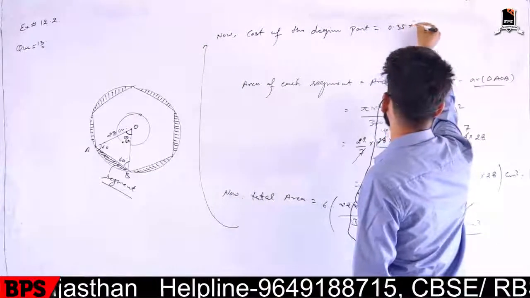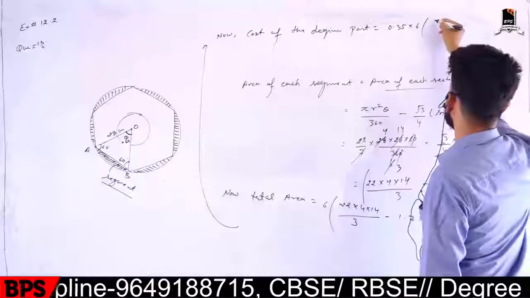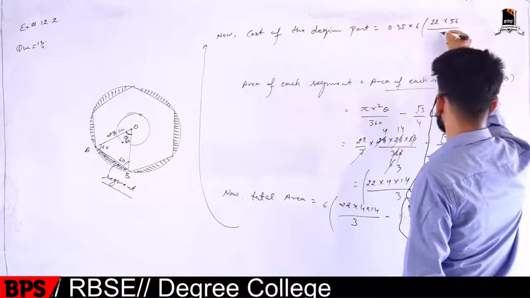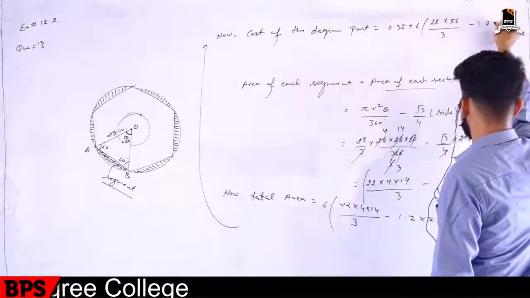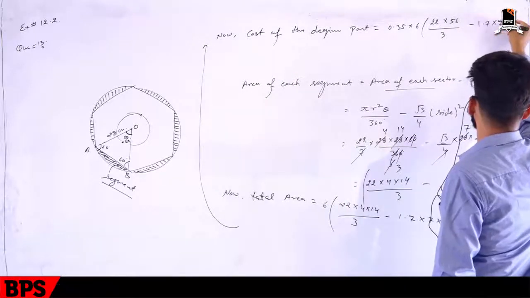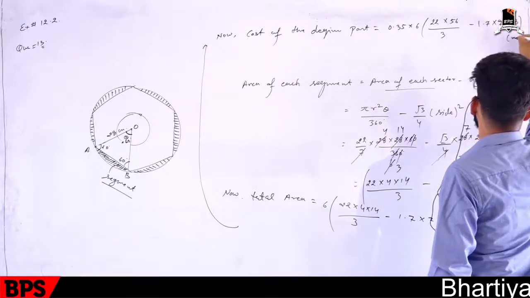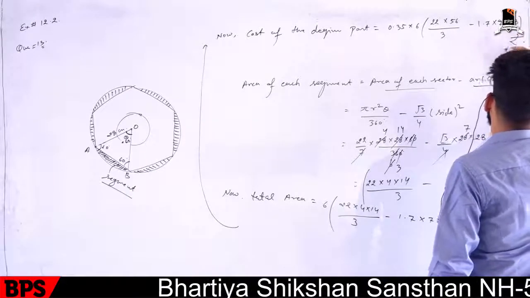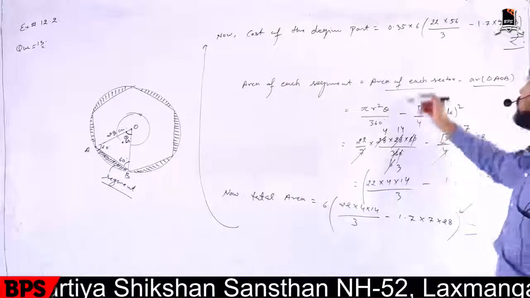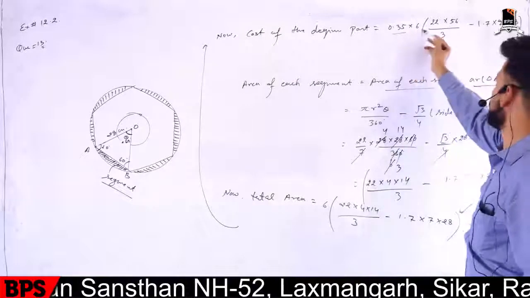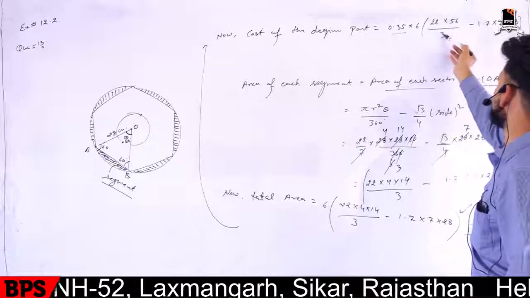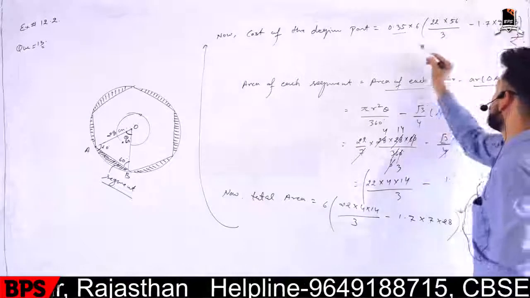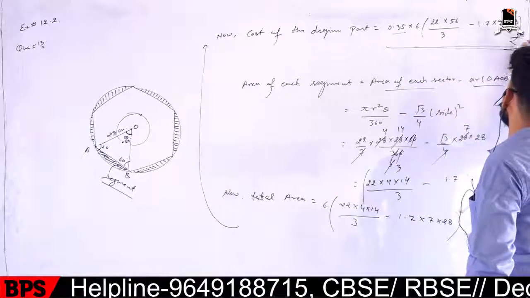So 0.35 into 6 into 22 into 4 into 14 upon 3 minus 1.7 into 7 into 28 rupees. So 6 into 0.35 into 22 into 56 upon 3 minus 1.7 into 7 into 28 rupees. That is the answer in rupees.